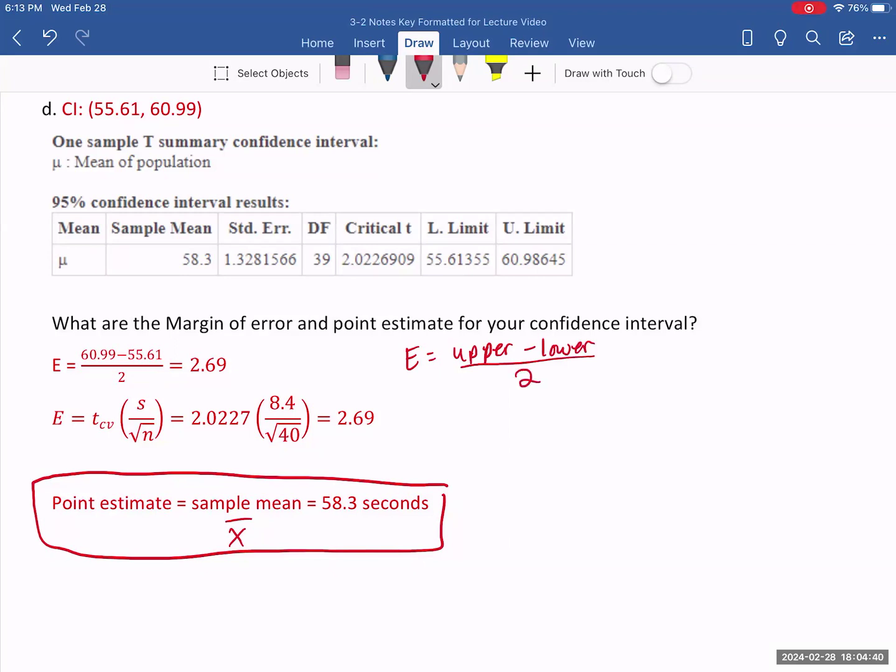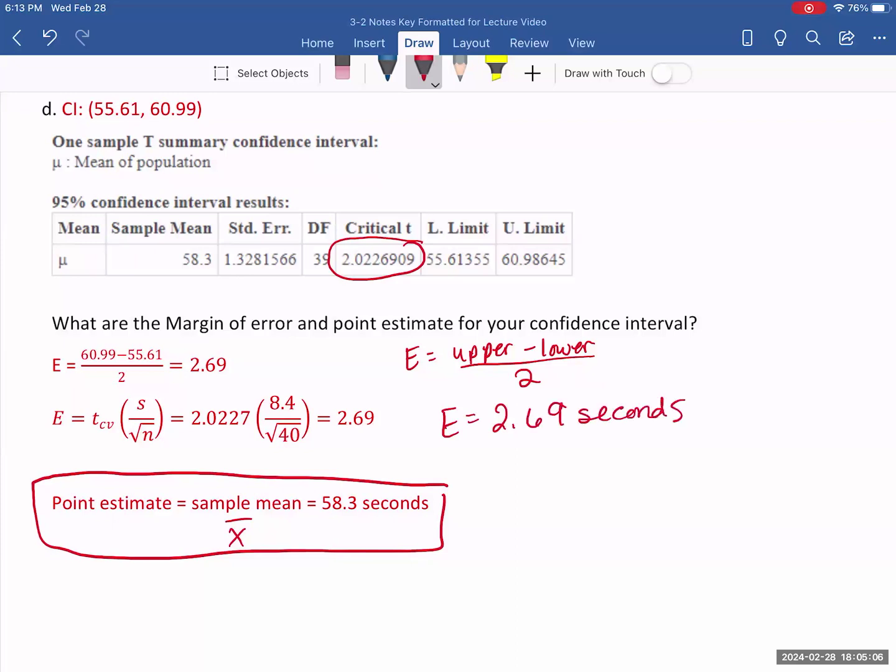And so doing that, I get 2.69 seconds for the margin of error. Or since I have my critical value up here, I could use the formula for margin of error, which is the critical value times the standard deviation divided by the square root of n, and I would get the same thing. So either way, I get that margin of error is 2.69 seconds.